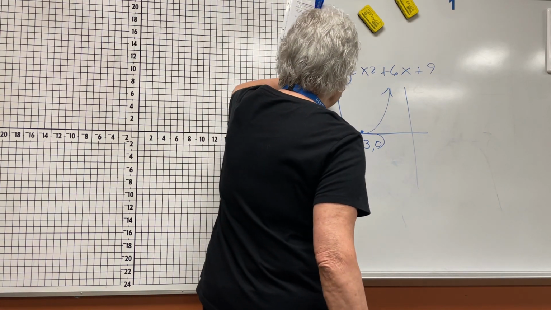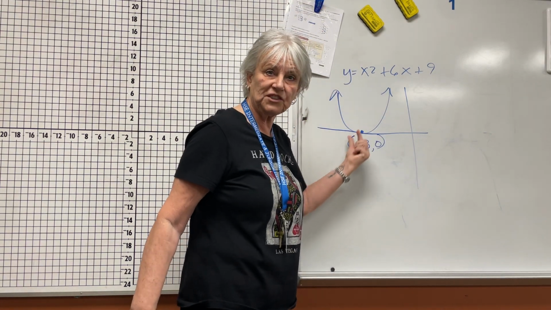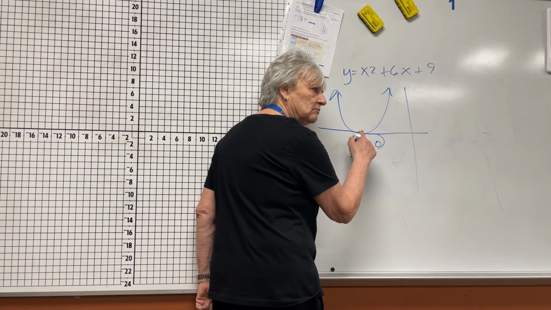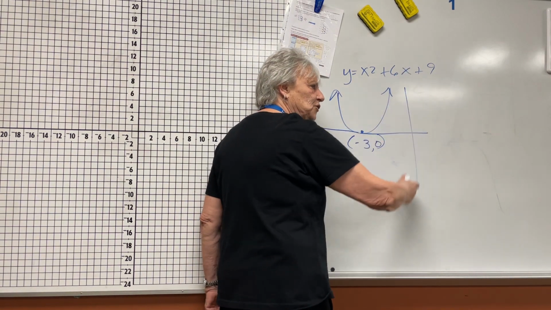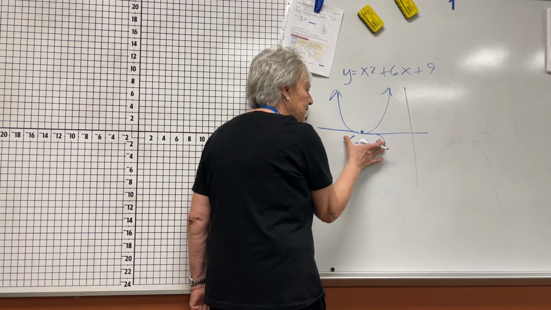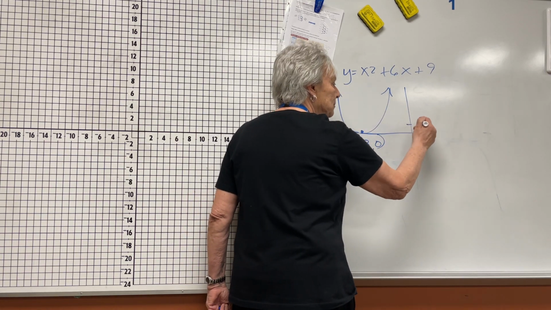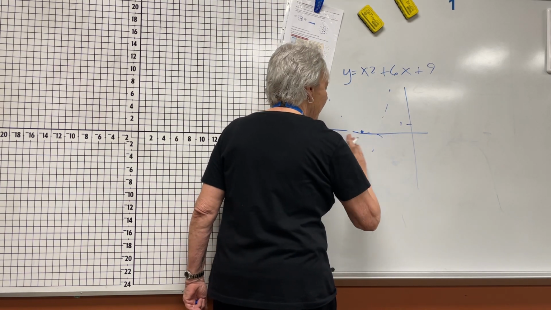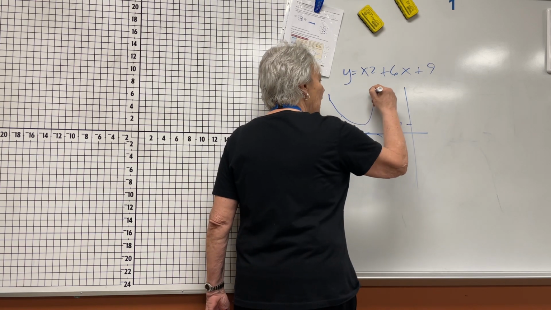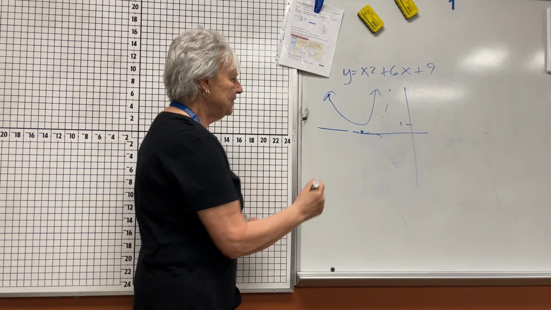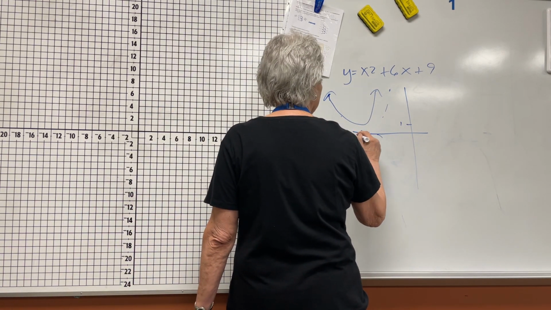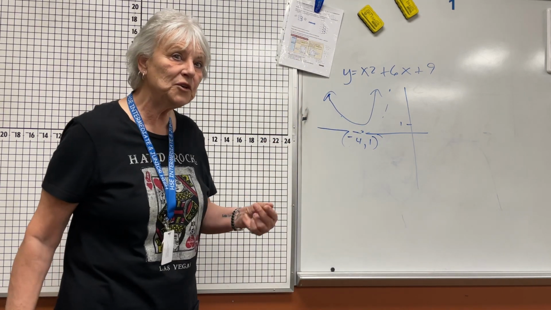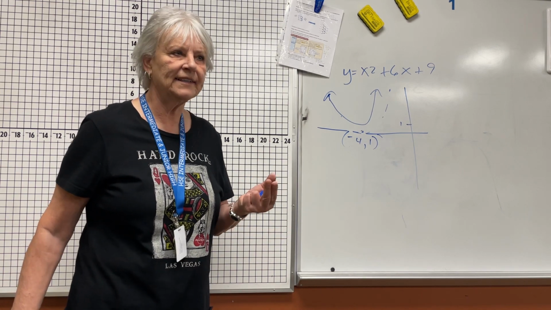It has a minimum value, in other words, doesn't go below that, of 0. Your y tells you what the minimum is. If I moved it up 1, let's say I moved it up 1. And this would be, let's say, -4, 1. The minimum value is 1.